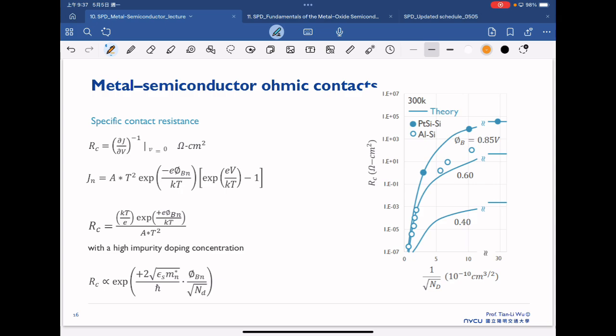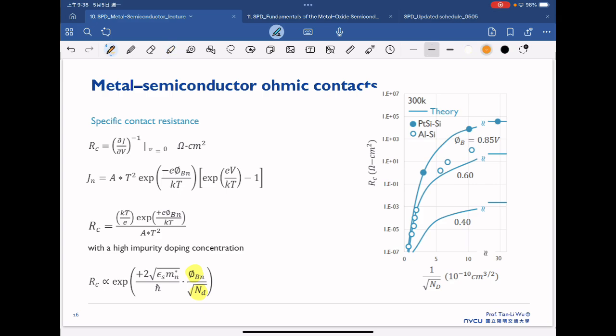Therefore, determining the contact resistance is definitely crucial. Here we won't show the calculation, but just show that our contact resistance is proportional to this term. We can see the contact resistance correlates with the Schottky barrier height and also with our doping concentration.